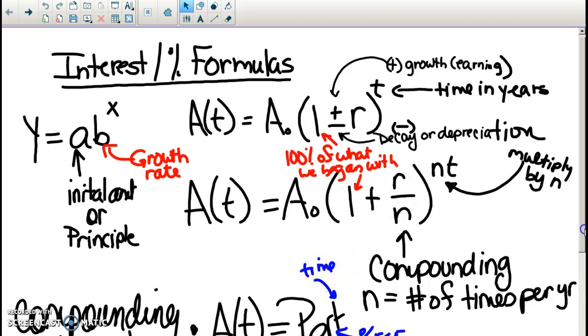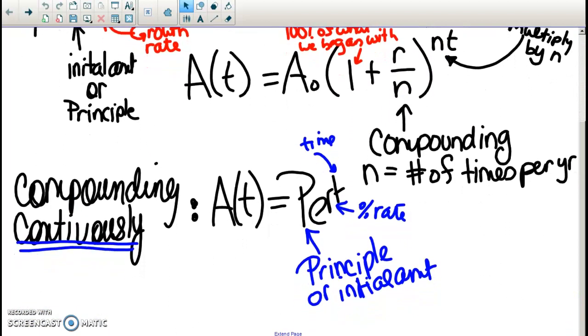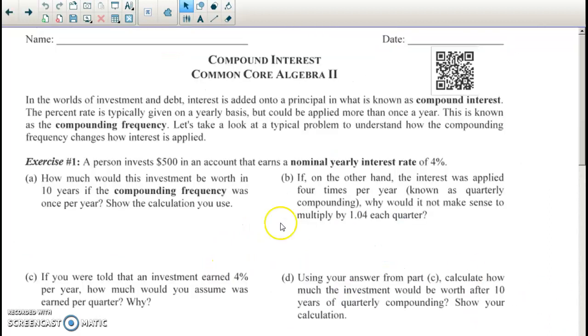Then we get to what happens when we compound continuously. Well, compounding continuously, we call this the PERT formula, where the amount over time is the principal or the initial amount, E, which is Euler's number on your calculator, raised up to the rate times the time, and that's in the exponent. So, using these, let's go through this packet.